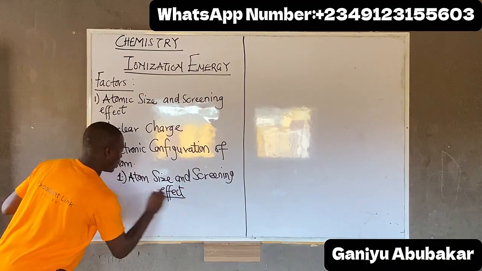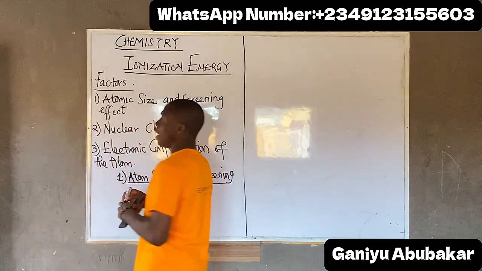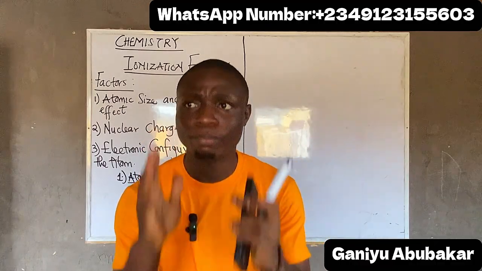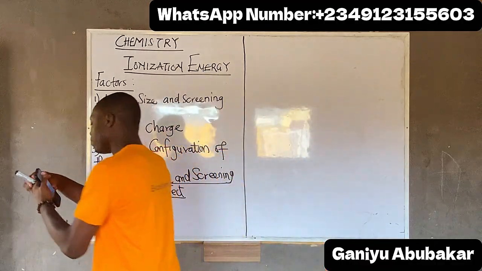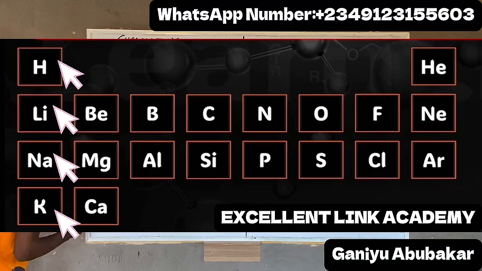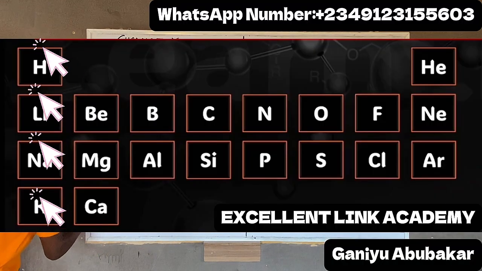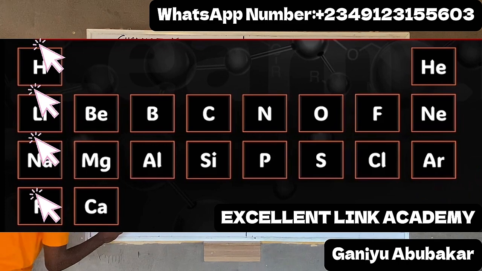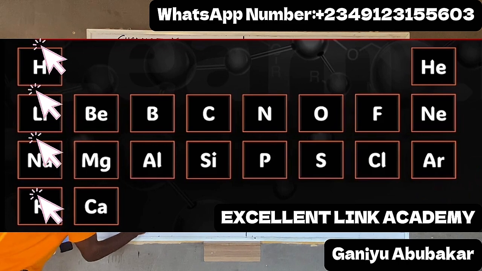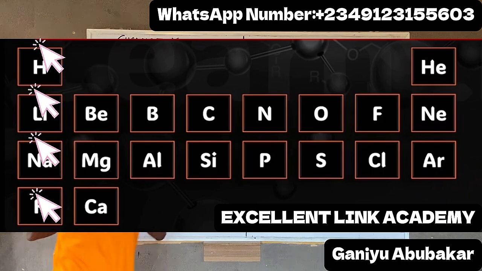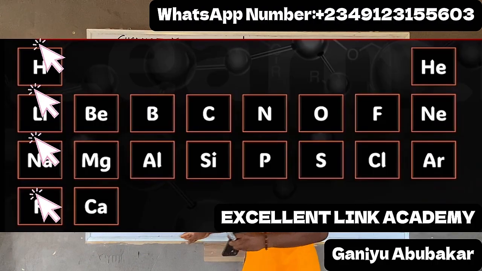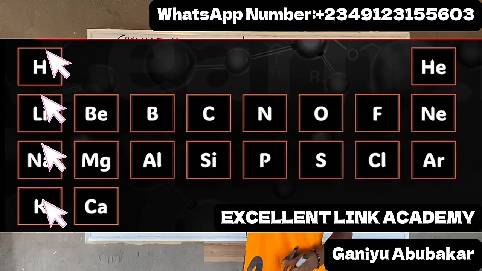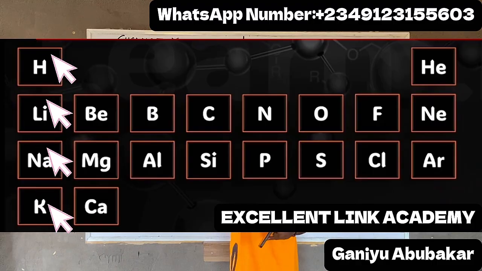For this one, go back to your 20-element periodic table. If you check the arrangement of elements such as hydrogen, lithium, sodium, and potassium, I will display it on the screen so you will see what I'm trying to say.